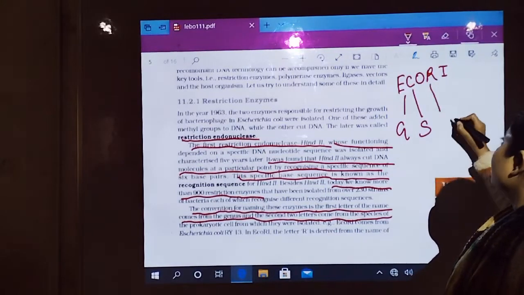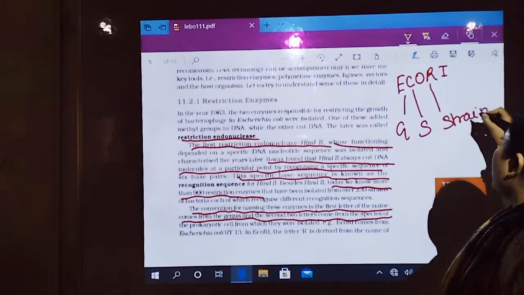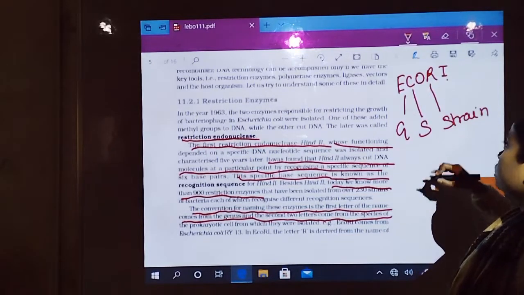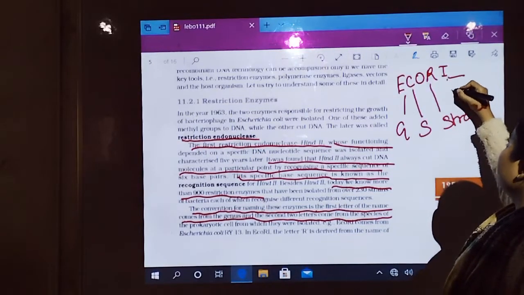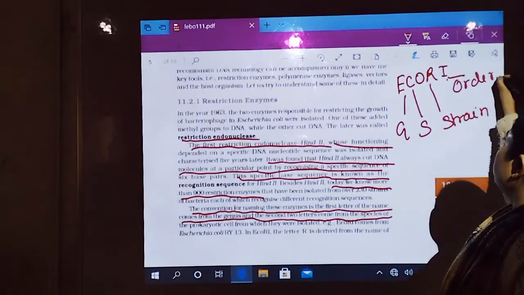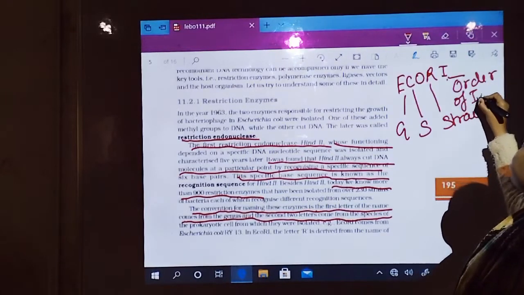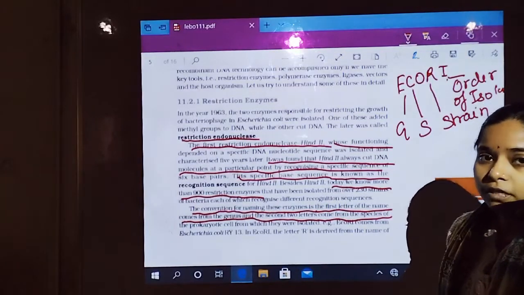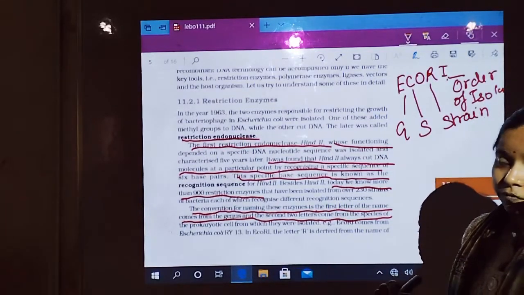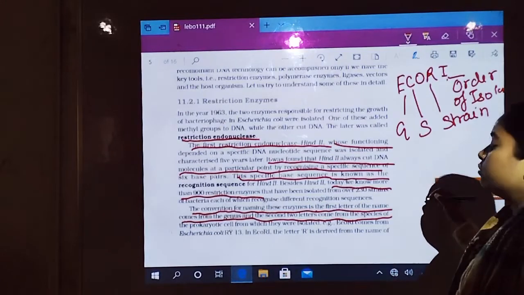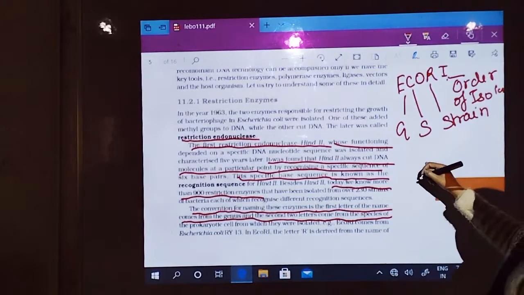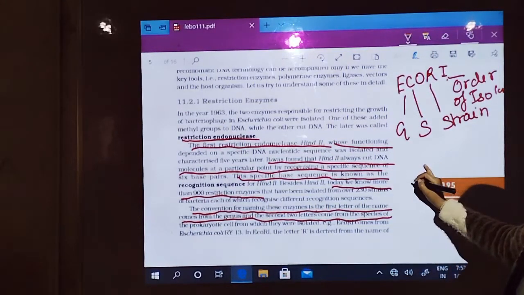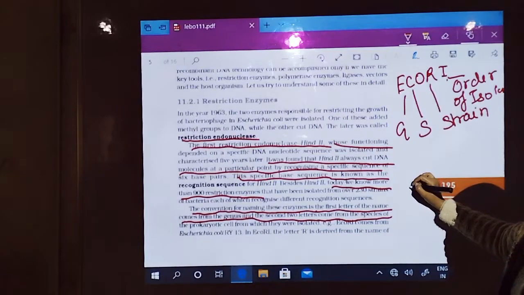R is the strain, and I denotes the order of isolation. So the naming of EcoRI is given according to the organism from which it was isolated.